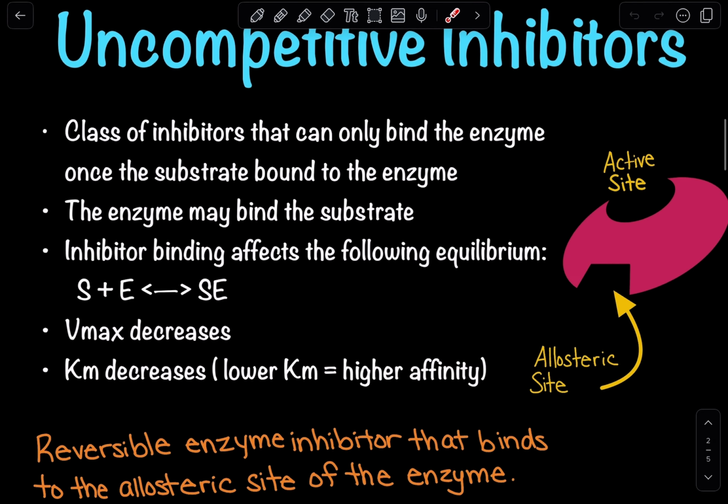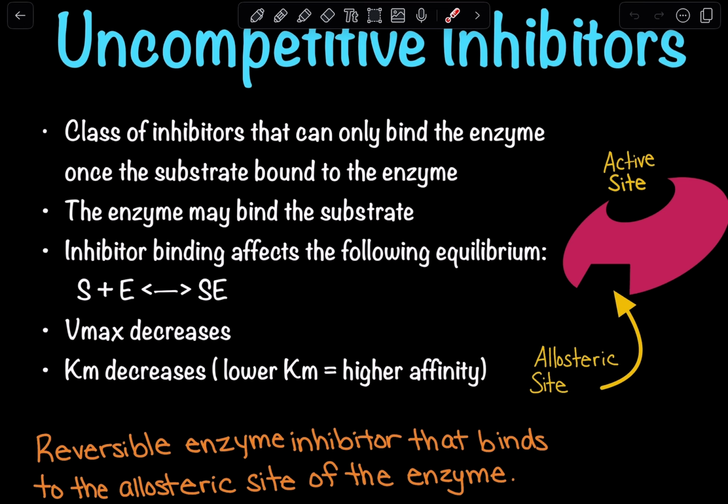Whereas in uncompetitive inhibition, this inhibitor can only bind when the substrate is bound to the enzyme. So once the substrate comes in and binds to the enzyme, then that inhibitor can come in and bind to the enzyme.